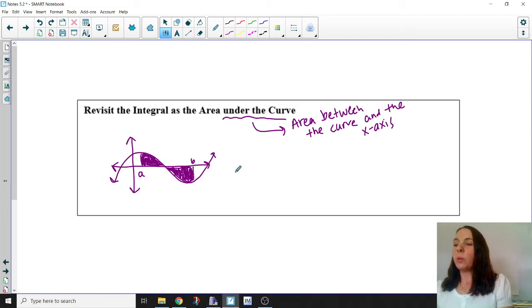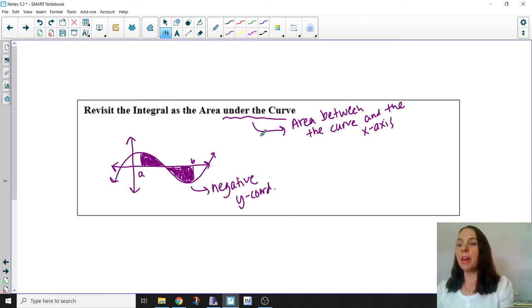Now, also, what you want to keep in mind is that we're working with heights, y-coordinates of our rectangles, that are negative when we are under the x-axis. Because we have negative y-coordinates in this region, that means that this area would be negative.